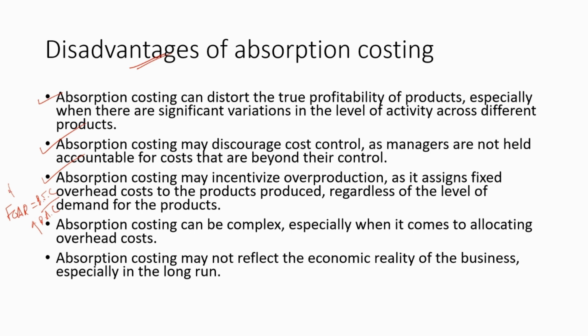FOAR will decrease. This means the total cost of the product will decrease. So this will incentivize overproduction because managers know if they can produce more products, they can decrease the FOAR. But in reality, this will be an overproduction, which means the company is producing more than the demand. So there will be a waste.